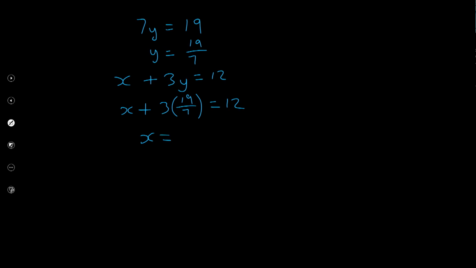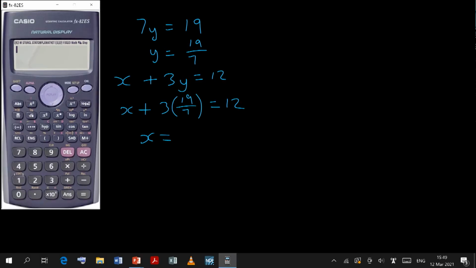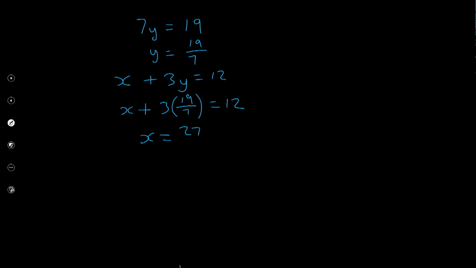So x will be equal to, if we press this in our calculator, 3 open bracket into the 19 divided by 7, which will give me that. So it will be 12 minus that answer, which will give me 27 over 7.